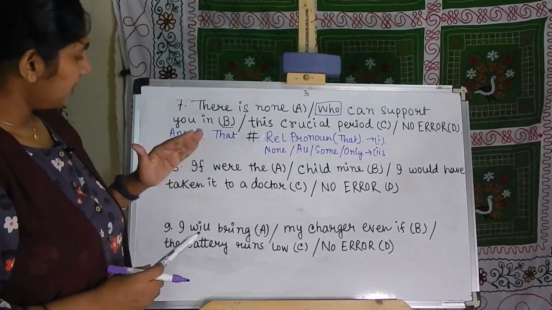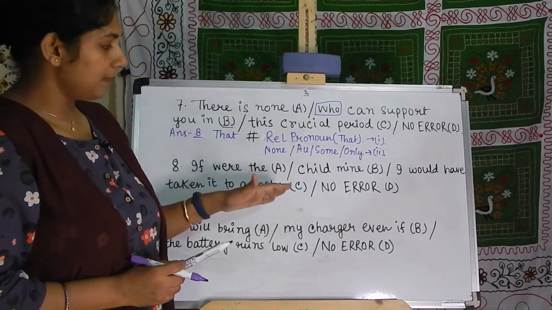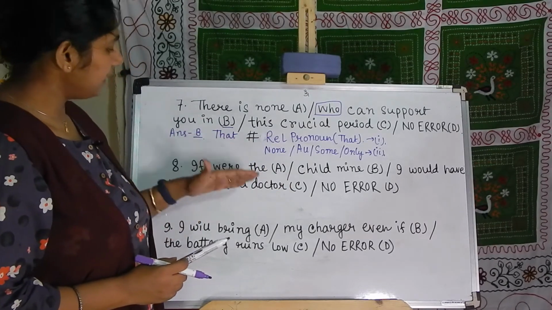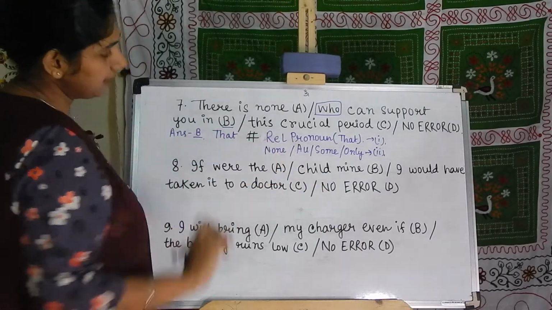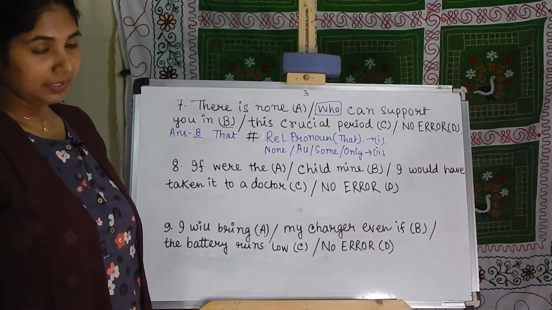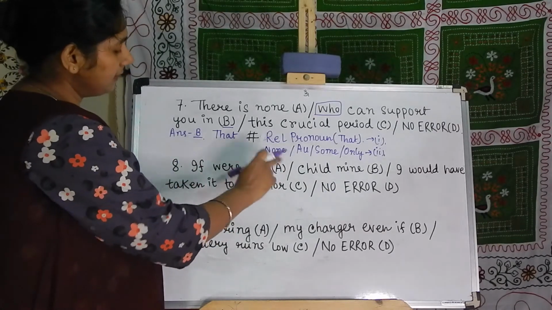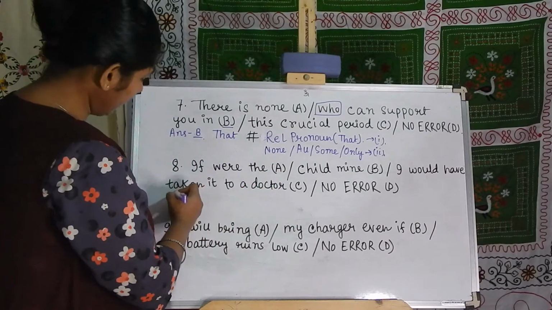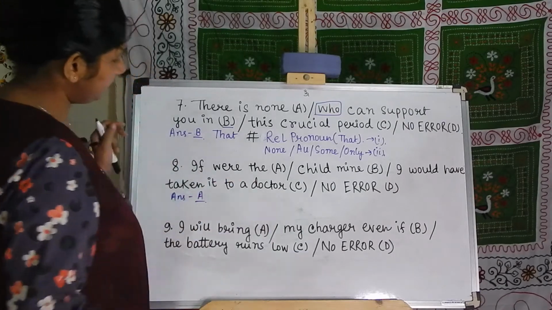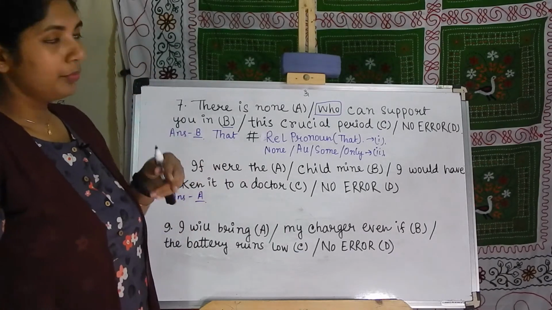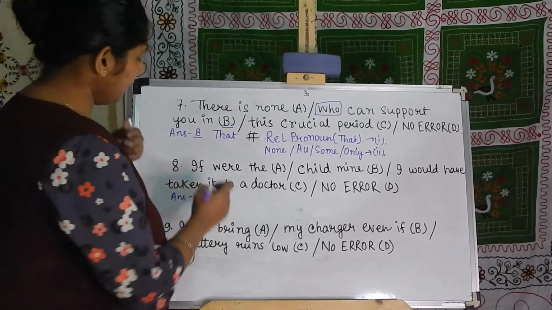Question number 8. If were the child mine, I would have taken it to a doctor. Where does the problem lie? In which part? If were the, section number A. Which one has to be changed here? If.